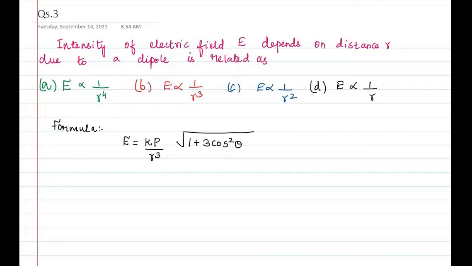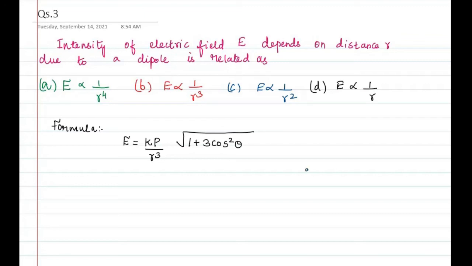This is the formula which gives the relation: E is equal to Kp, where K is Coulomb's constant and P is the dipole moment, divided by r cubed, where r is the distance at some point due to this electric dipole.